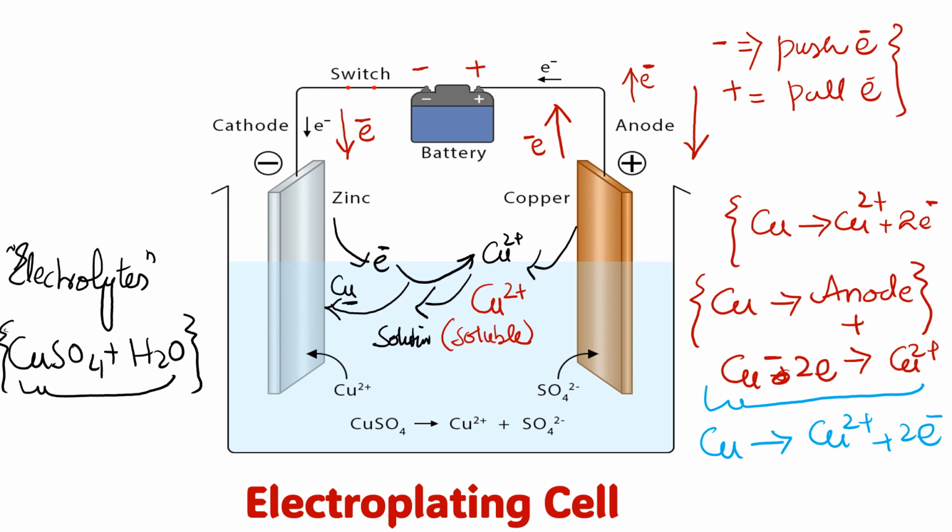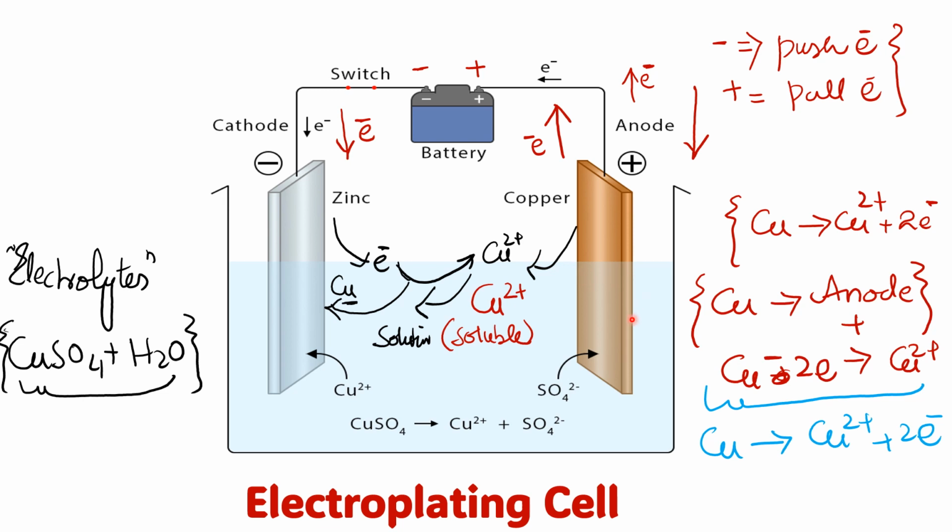So the electrons will interact with copper ions, and when they do, the copper ion will be converted into a neutral copper atom, and in this way it will be deposited on the surface of the zinc metal. Similarly, in a continuous fashion this type of interaction will take place and copper will be deposited on the surface of the zinc.